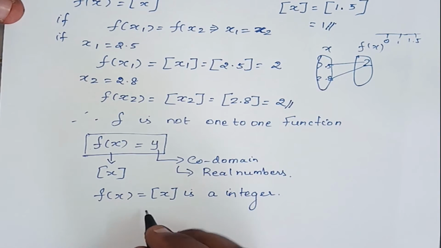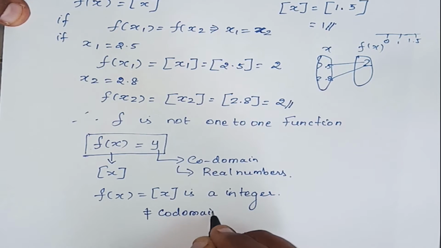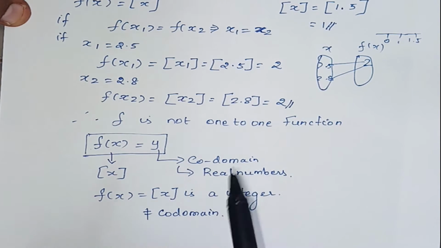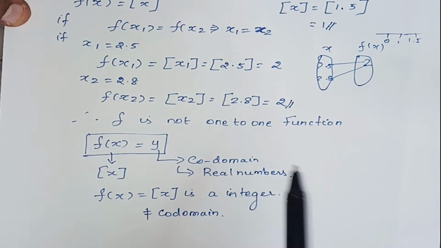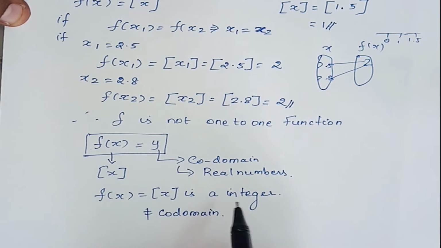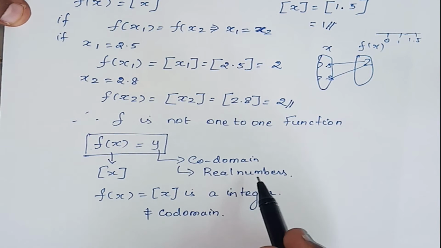That is, it is not equal to the codomain, because for an onto function every value in the codomain should be an image of the domain, right? But here f of x is only an integer, while the codomain is all real numbers, which should include rational and irrational numbers.